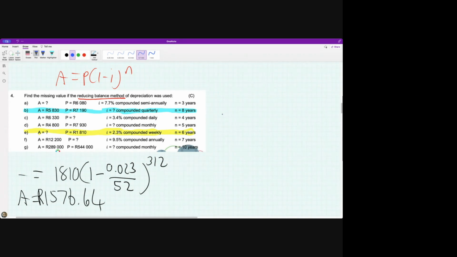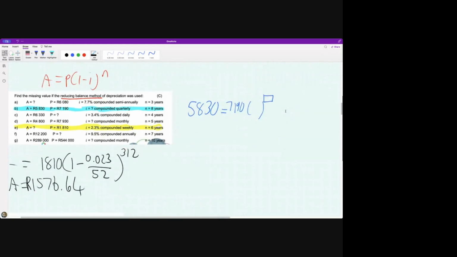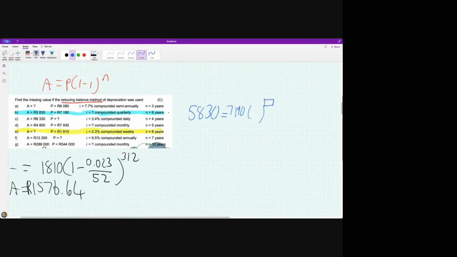So how about if I said to you, I'm going to take this formula and I'm going to put 5830 there, and I'm going to put 7190 there. I'm going to open up a bracket and I'm going to leave a space there. Are you all with me so far for the blue one? Give me a thumbs up if you follow me so far.